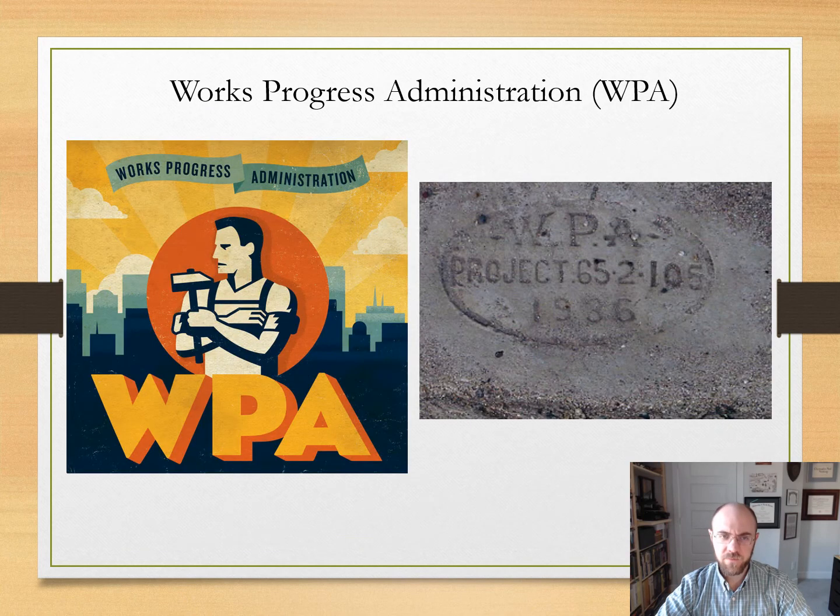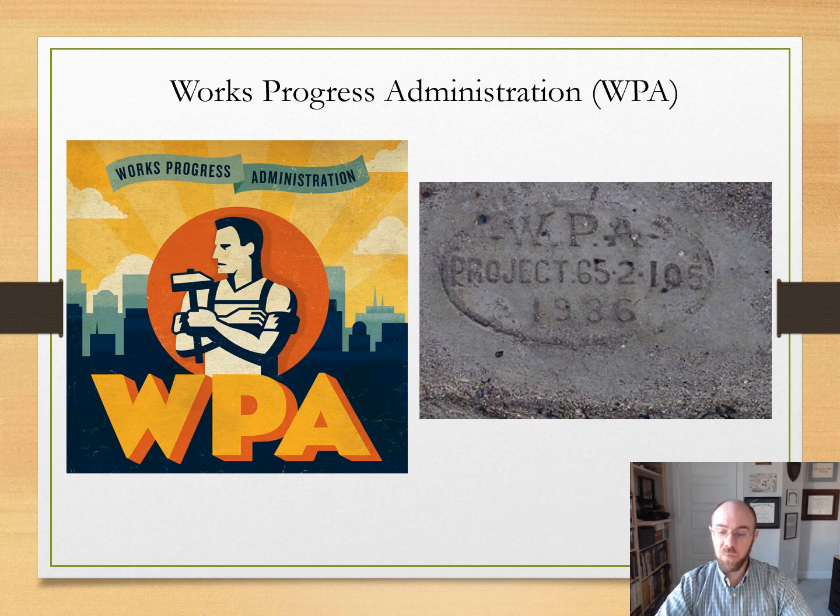Now the biggest of all the programs is the Works Progress Administration. Now the WPA was the single biggest employer in the nation at its height, hiring 3 million people in the first year and 8.5 million at its height. So the WPA workers built over 650,000 miles of roads, 125,000 public buildings, and 8,000 parks.